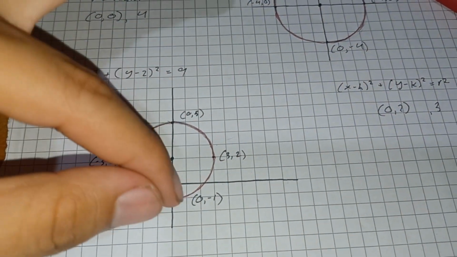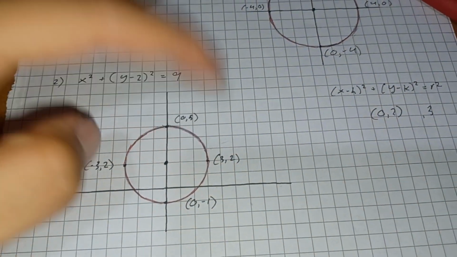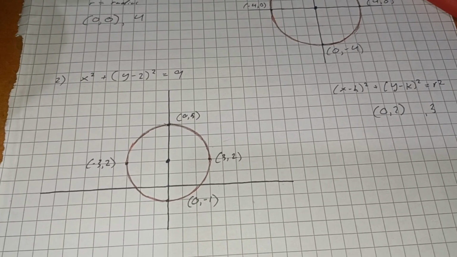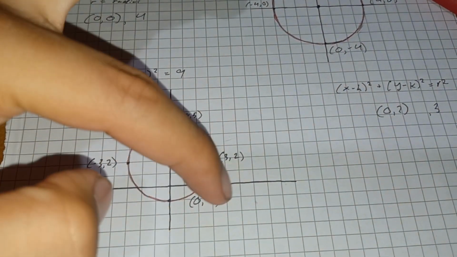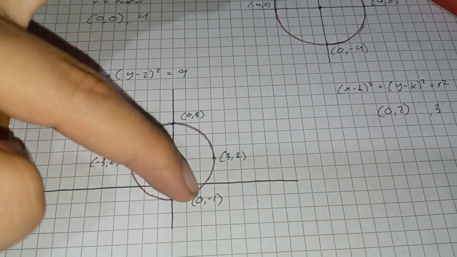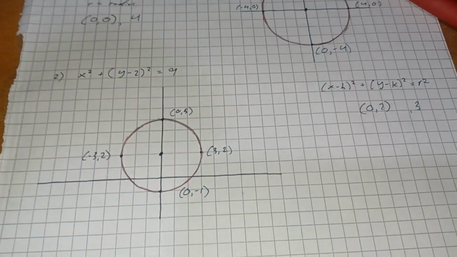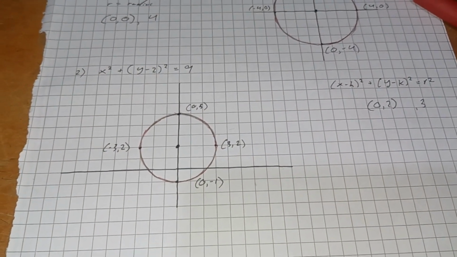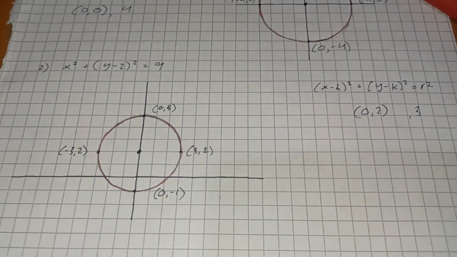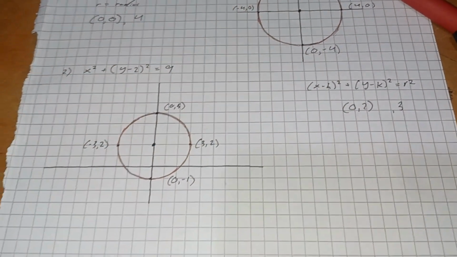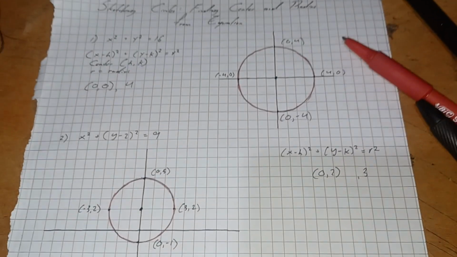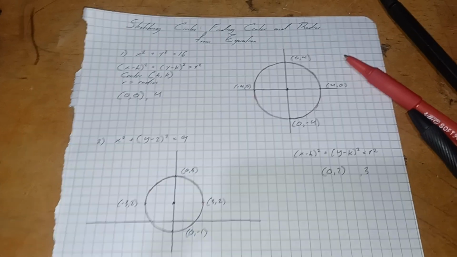This one down here is going to be (0, -1). This one to my right is going to be (3, 2). There's going to be (-3, 2) to the left, and that is going to be the sketch for number 2 of that equation. So that is how we do these 2 problems.